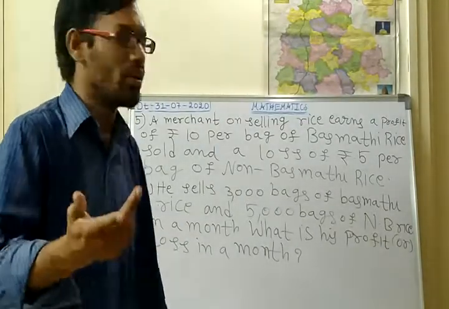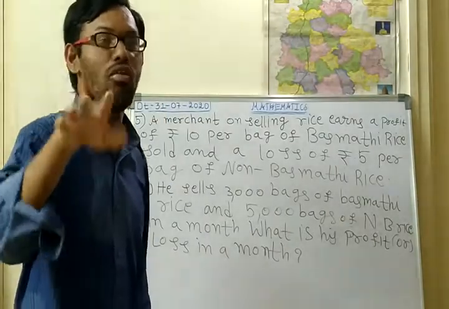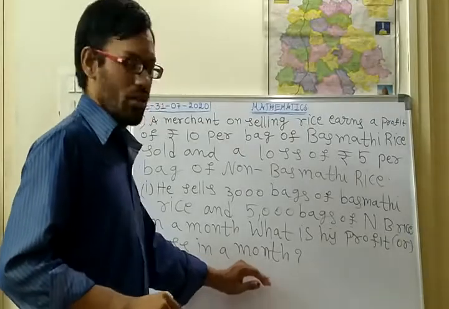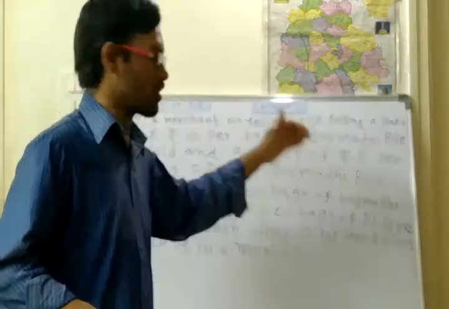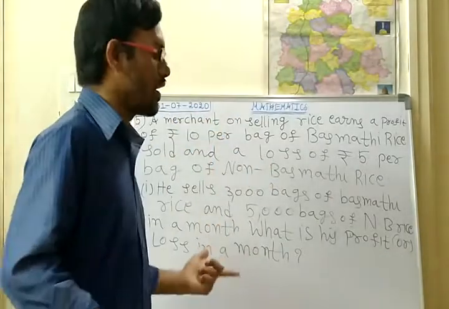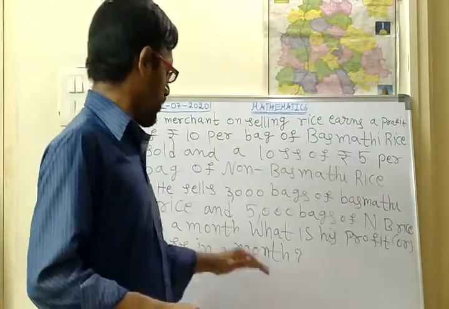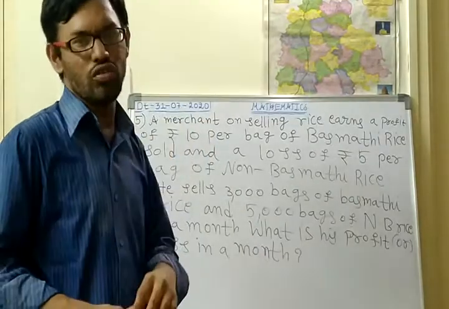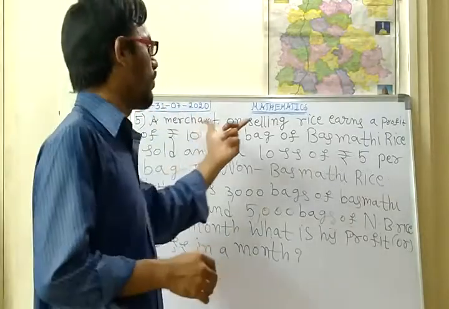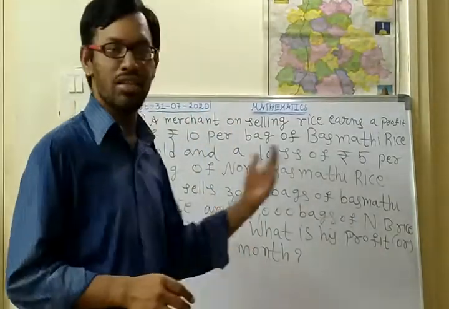You have saved 1,000 rupees. That means the shopkeeper who is selling the phone lost 1,000 rupees. He bought that mobile phone for 10,000, but he sold it to you for 9,000, so he has lost 1,000 rupees.